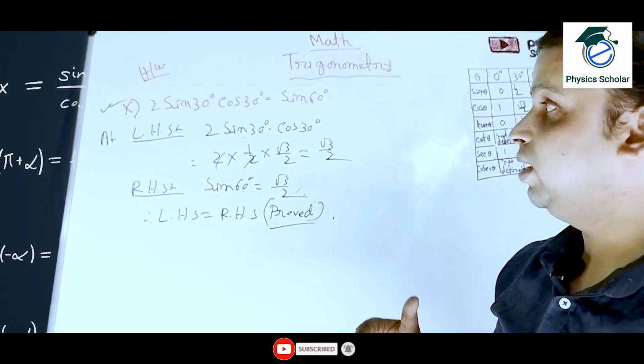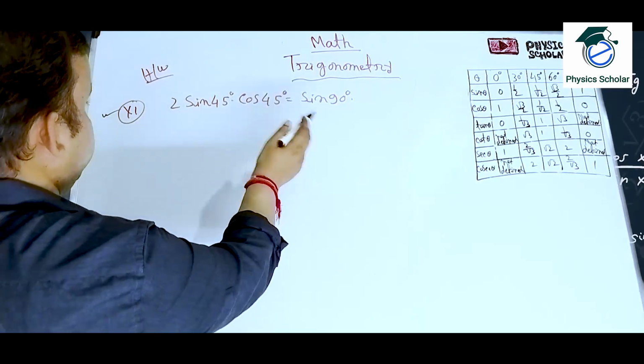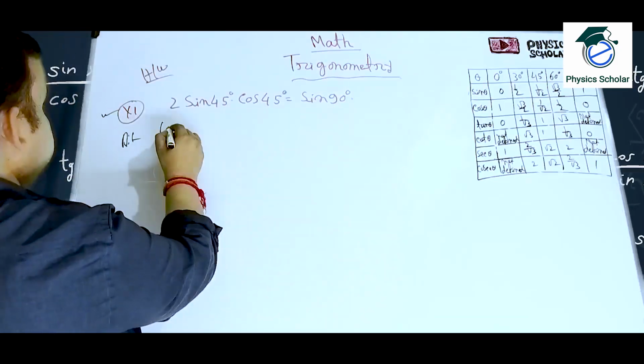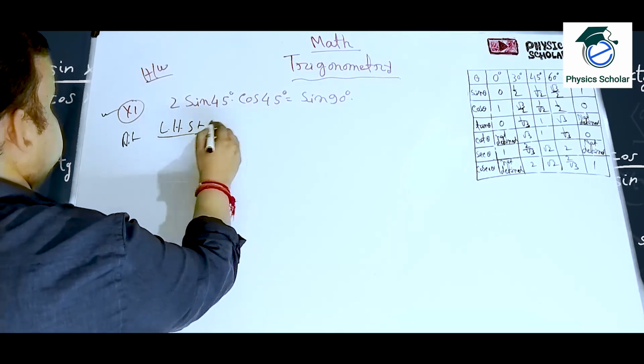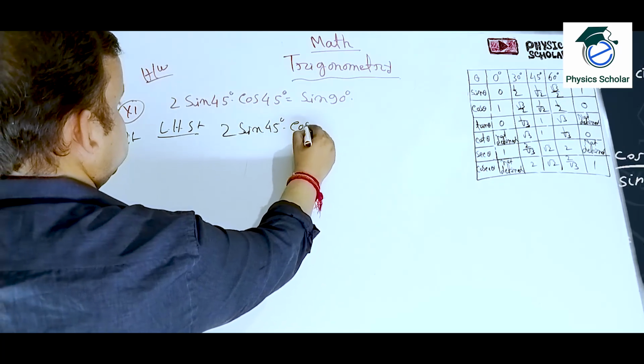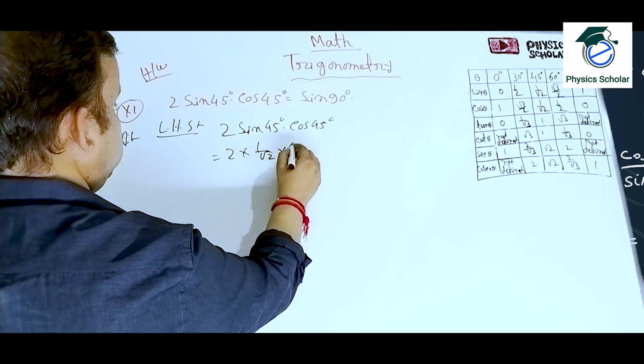So now students, let us move to the sum number 11, which was given as your homework. So this is equal to this, that means the answer is given. Clear? Left hand side, 2 sin 45 degree into cos 45 degree, 2 into 1 by root 2 into 1 by root 2.